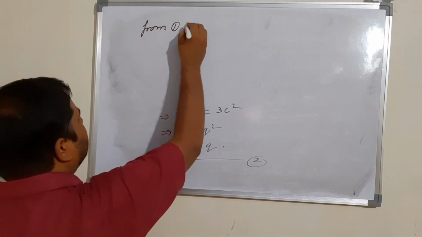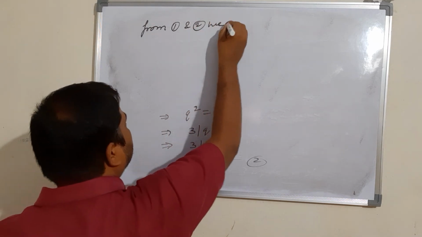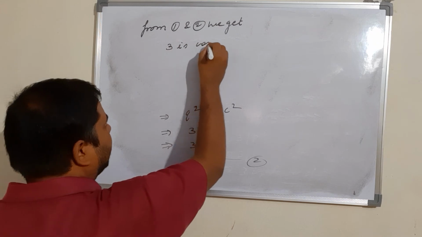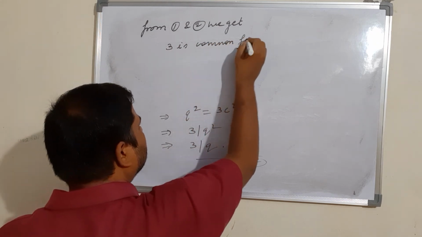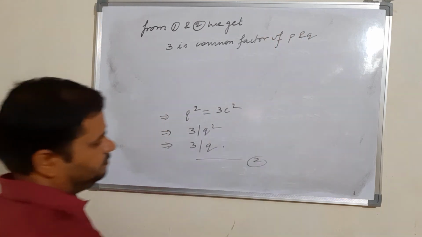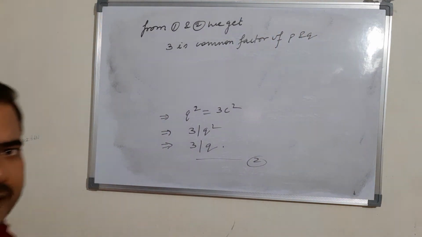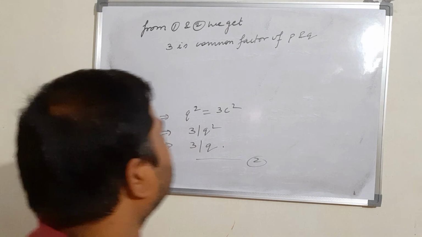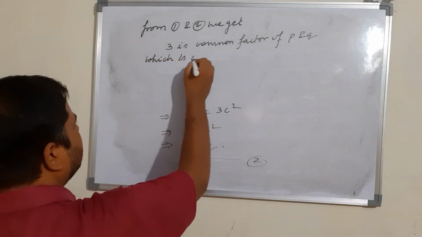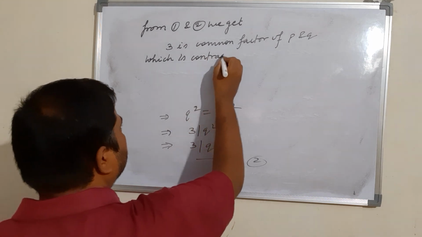From 1 and 2 we get 3 is a common factor of P and Q, which is a contradiction.